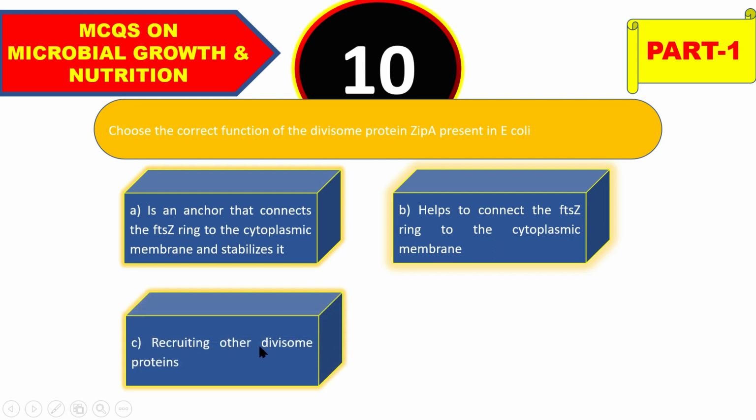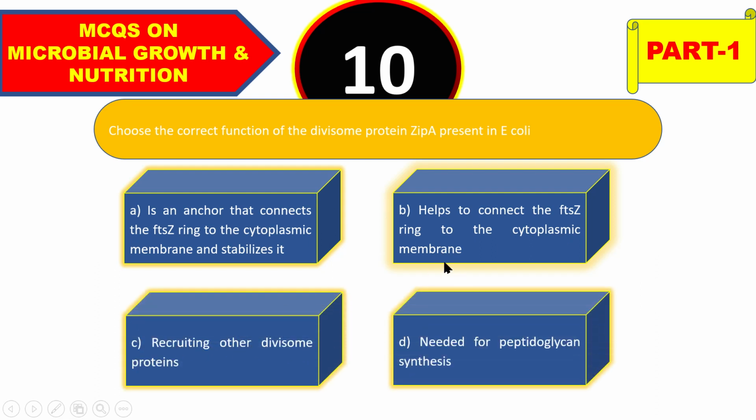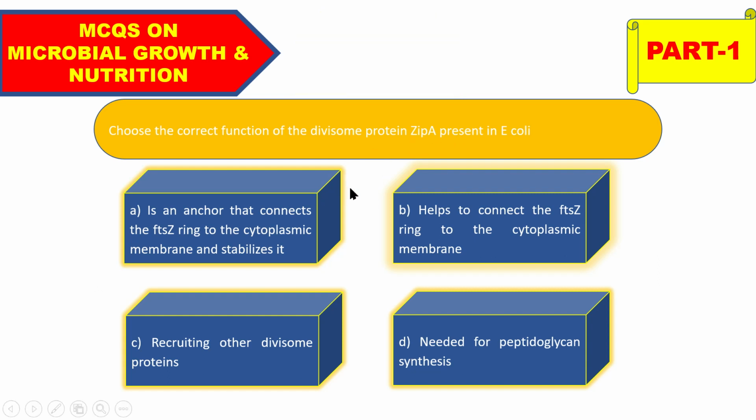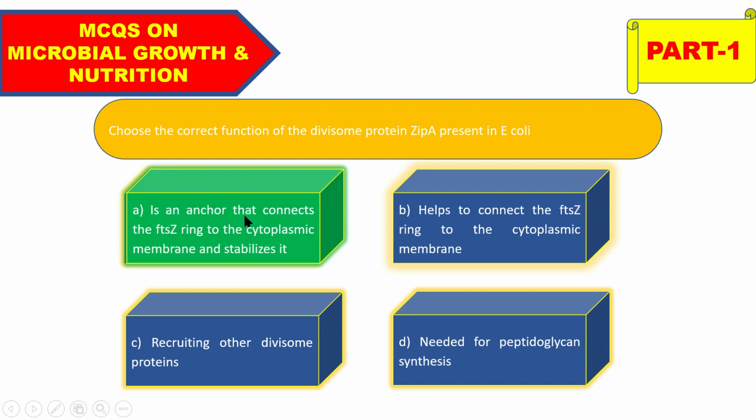Next, recruiting other division proteins. And the last one, needed for peptidoglycan synthesis. And the right answer about the division protein ZipA is an anchor that connects the FtsZ ring to the cytoplasmic membrane and stabilizes it.